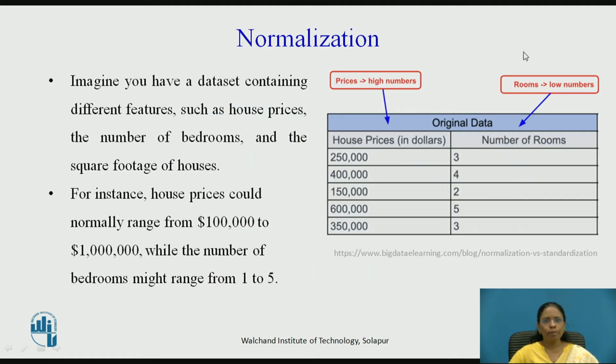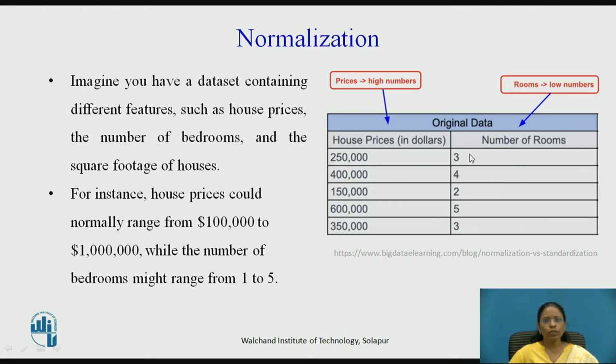Here one example is given. Imagine the data set given to you contains house prices and number of rooms. House prices in dollars are very high values, and the number of rooms can go to 3, 4, 5, so at the max it's 5 here. These values are much smaller compared to the values for house prices.